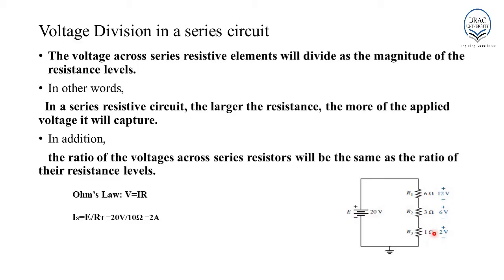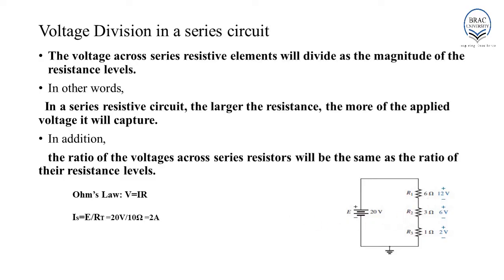And the summation of the potential drops would be equal to E. So, you can see that if I is constant, then the potential drop across the load will depend on the value of the resistance.